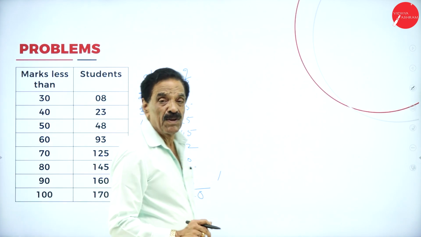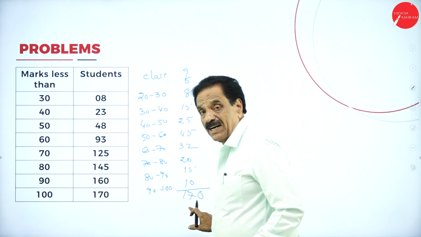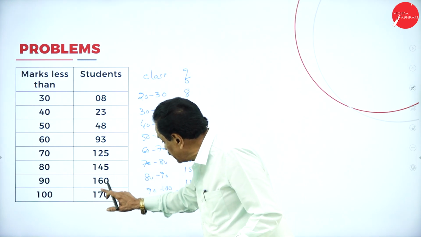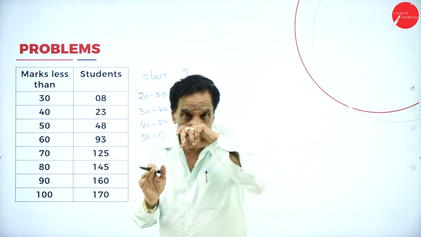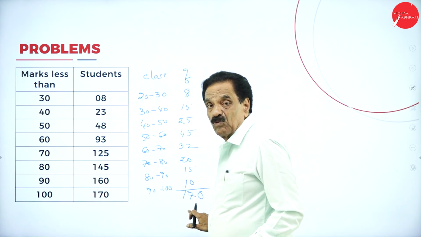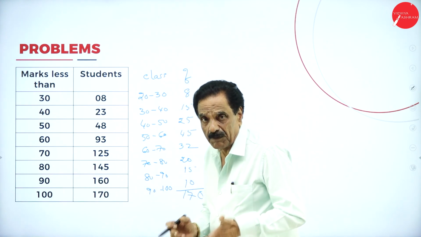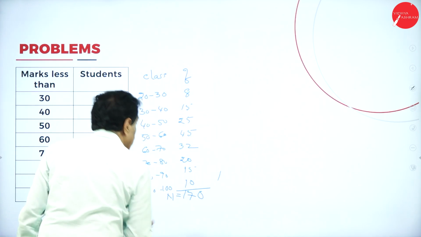In examination, this 170 should come here. When you make the cumulative frequency, this should be equal to 170. If the 170 does not come, it becomes wrong. What's your total? 170. Here also we got 170, means we did the frequency properly. This is n is equal to 170.